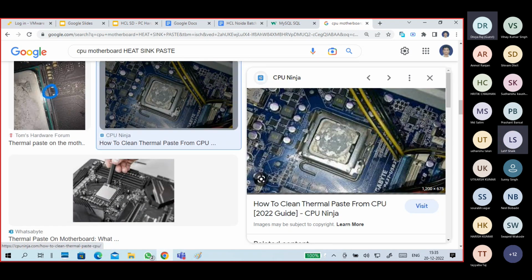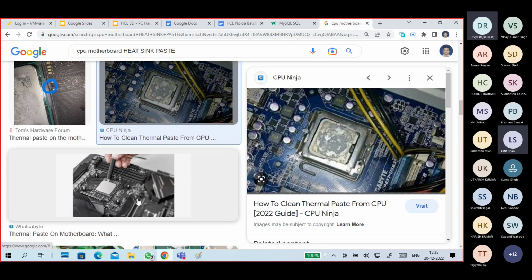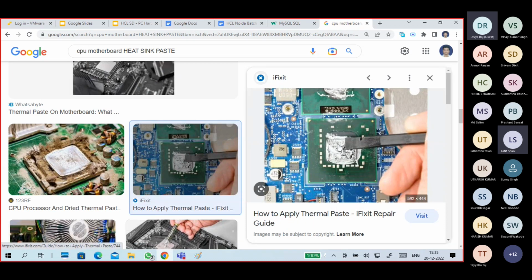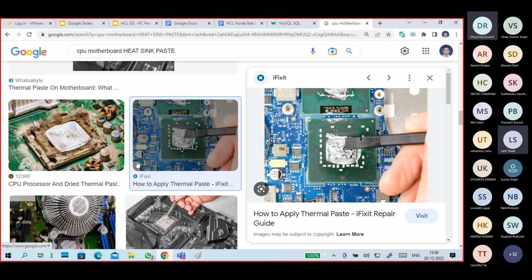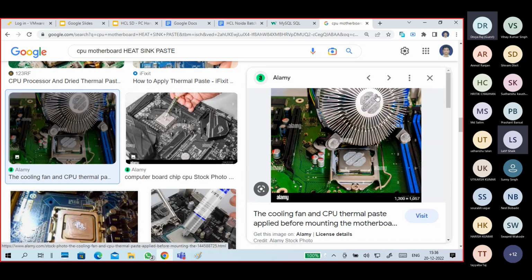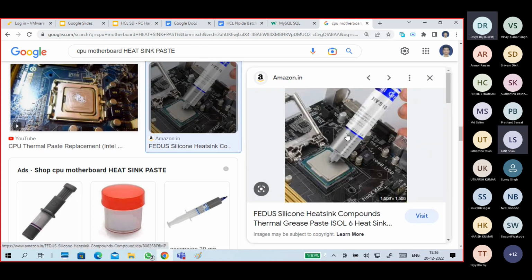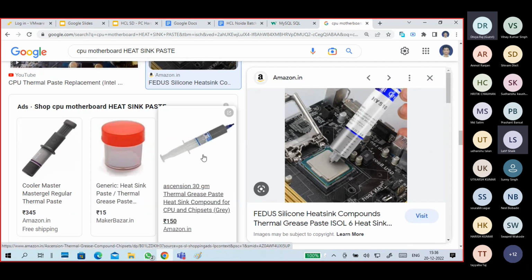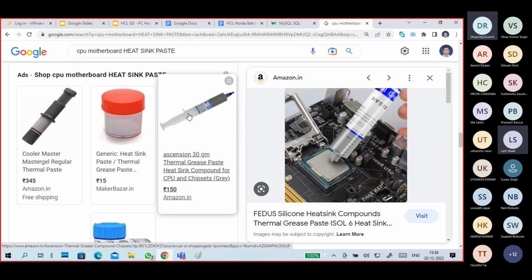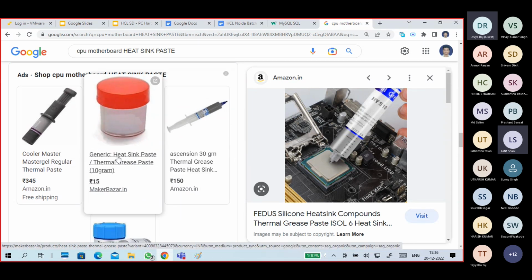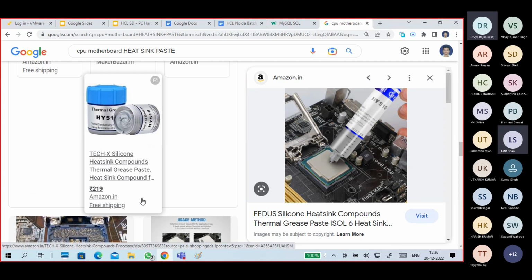What is the use of this thermal compound? The processor gets heated, and using this thermal compound the heat sink can absorb the maximum heat from the processor. This thermal compound is available in different types, at different costs, like in an injection manner, or in a box type, dabba type, like this.